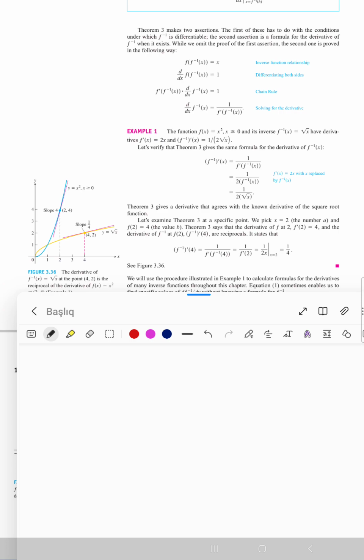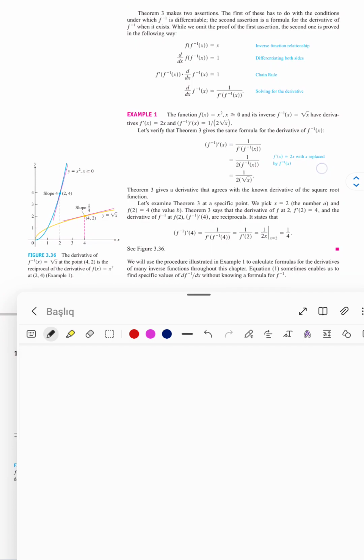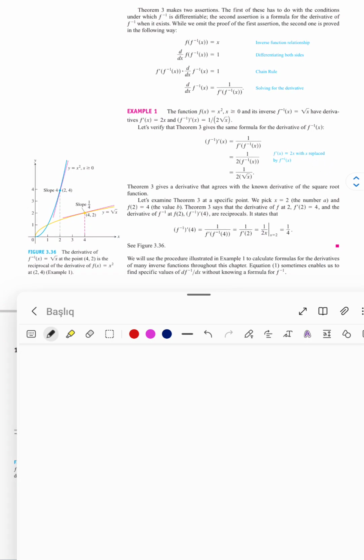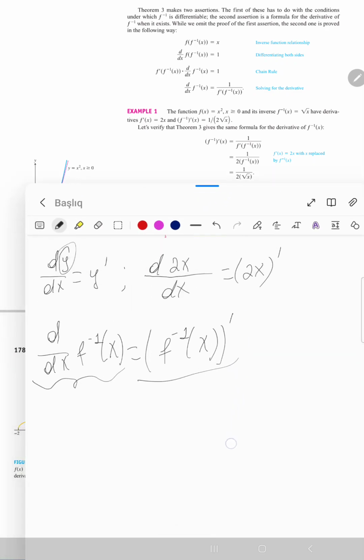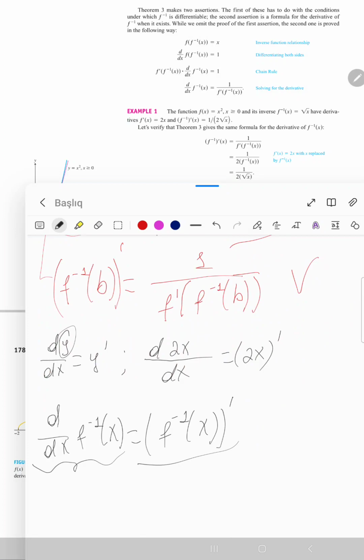The inverse of x squared is the square root of x, and the derivative of f(x) is 2x. The derivative of the inverse function is, we know, 1 over 2 square root of x. Here they just wanted us to prove it using our formula, so let's write it using this formula.